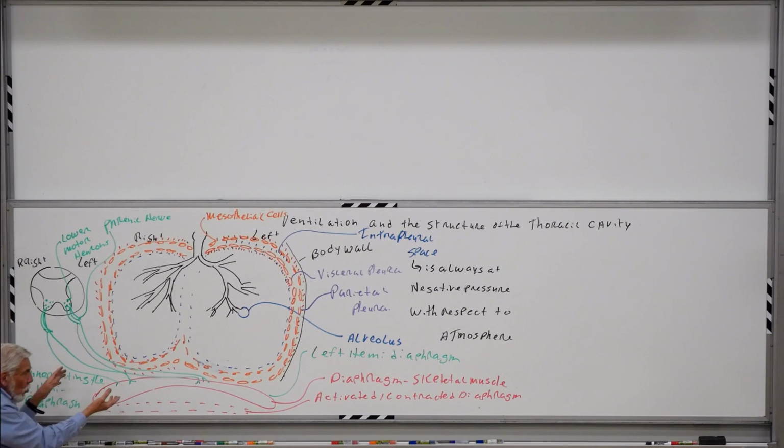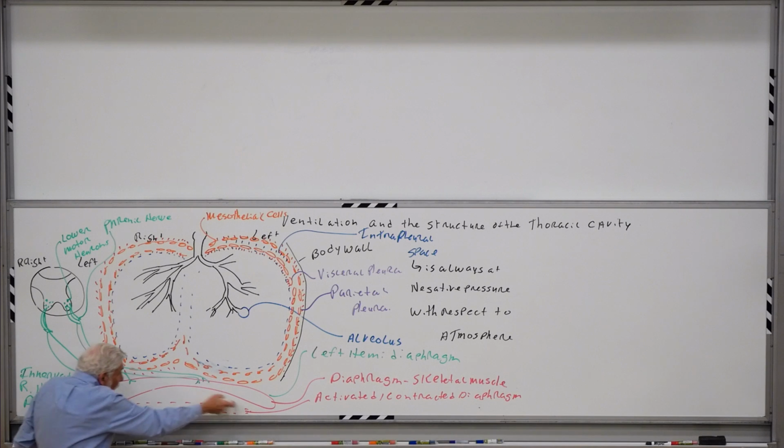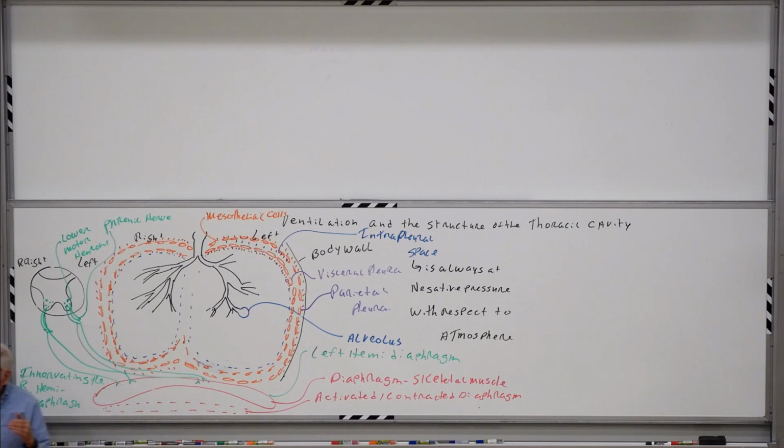Now again, remember that this is a closed system, that this diaphragm muscle walls off the thoracic cavity from the abdominal cavity. So we have now two separate spaces, the thoracic space and the abdominal space.